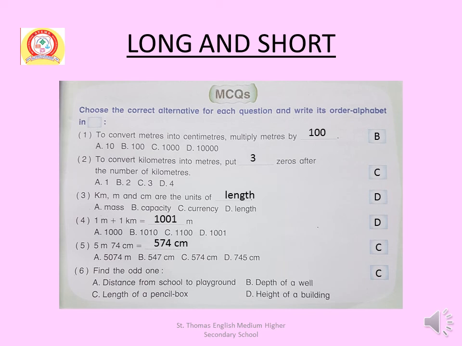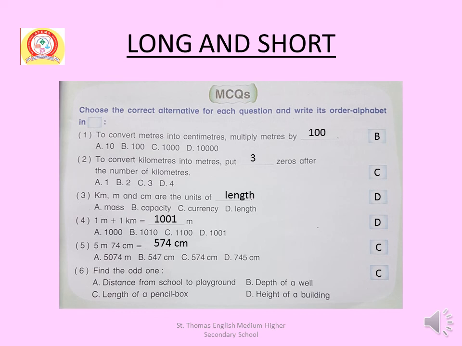Question number 5. 5 meter 74 centimeter equal to 574 centimeter. How? How is it coming? 5 meter 74 centimeter is how much centimeters? Like you have done in question 4, you have to convert meter into centimeter.